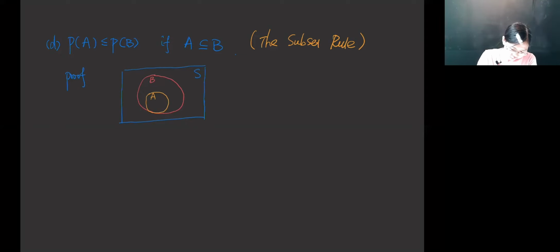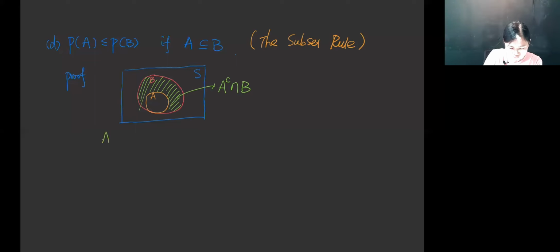The set A is completely inside B. It defines a partition of B. It partitions B into two parts. One part is A itself, and the other part, this green shaded area, is the part that equals A complement intersect B. Okay.